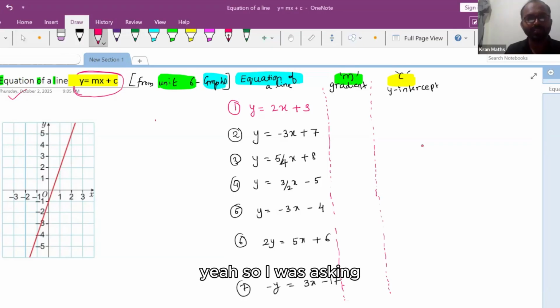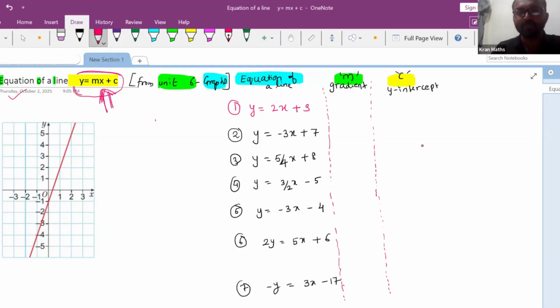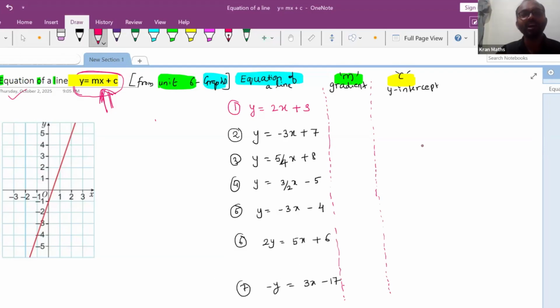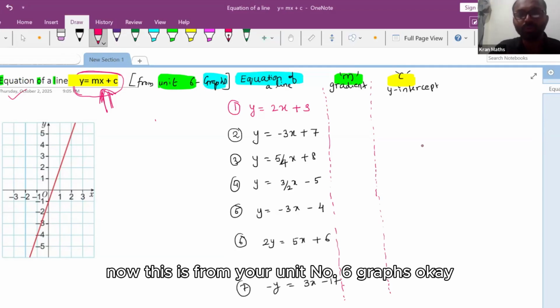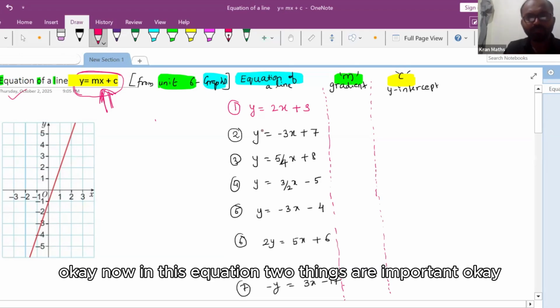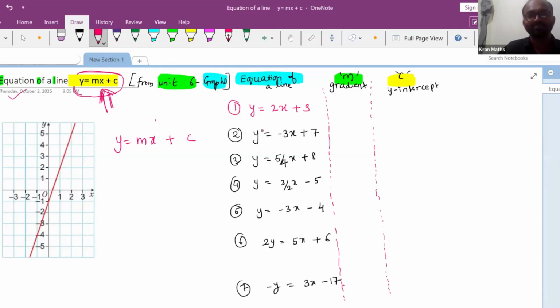So I was asking, are you aware of this equation? Yes. What is this equation? Y equals mx plus c is the equation of the line. This is from your unit number 6, graphs. Now, when I write the equation of a line, two things are important.